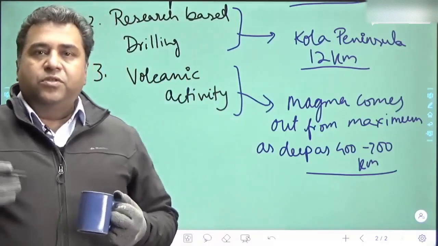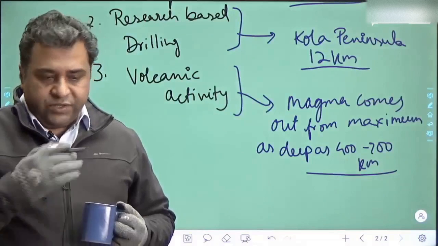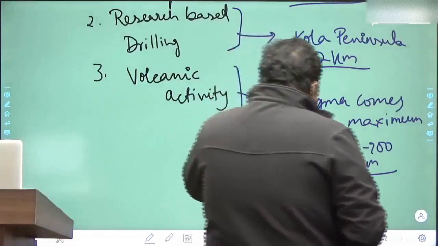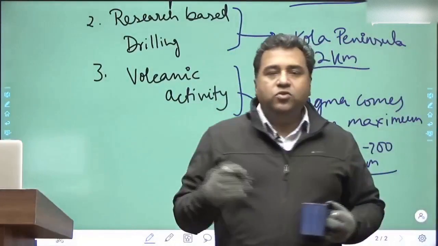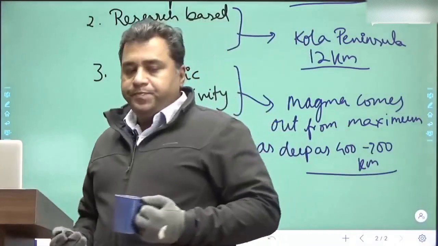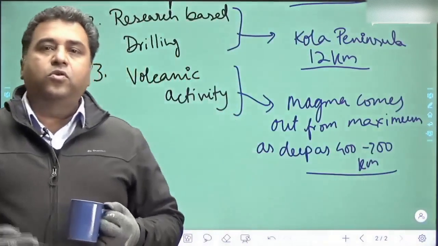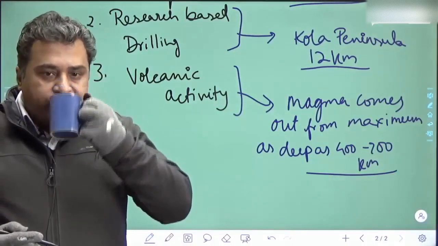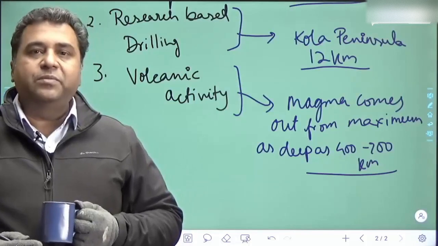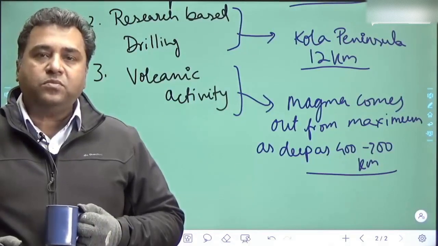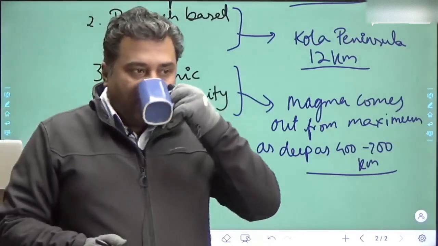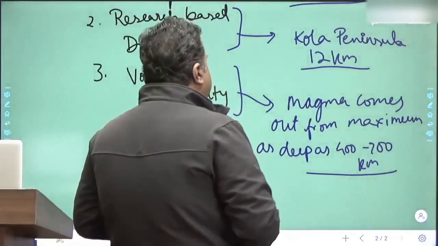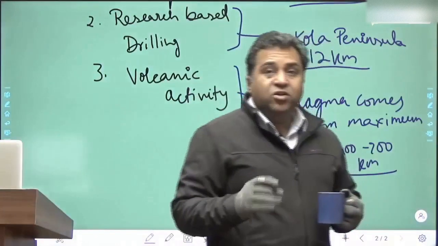Once you have written this, you can write: hence there is no way to get any material from the lower 90% depth of the earth, around 5,700 kilometers.